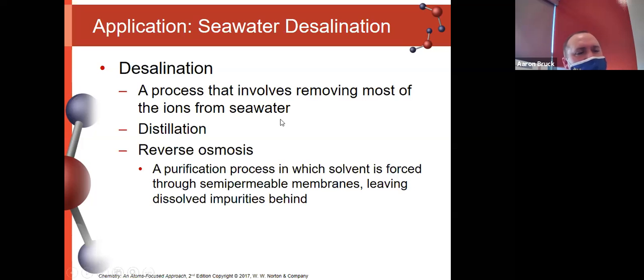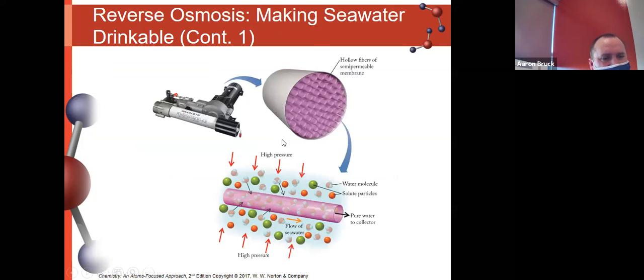So reverse osmosis is a process that most of you are familiar with already. If you drink bottled water at all, most bottled water goes through at least one, if not several, reverse osmosis processes for the sake of cleaning it up and purifying it. And that process looks something like this.